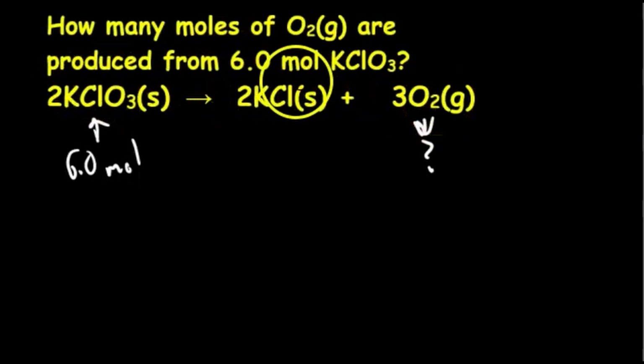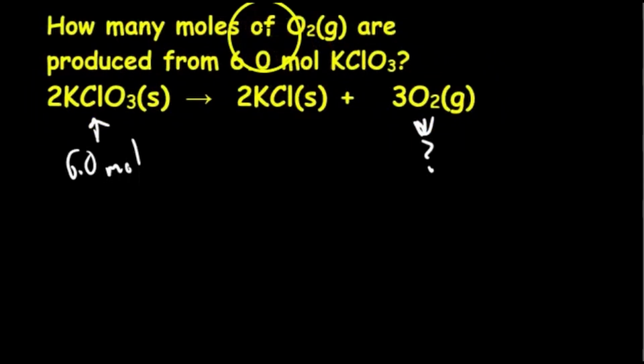That just tells us the ratio in which they react. So this is a 2 to 3 ratio in this chemical reaction. If we have 2 moles of KClO3, we'll produce 3 moles of oxygen. So these numbers give us a mole conversion between these compounds in the chemical reaction.